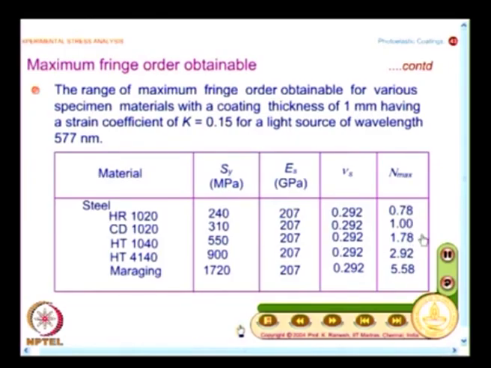So, the message here is, when you go for photoelastic coating analysis, the specimen material indirectly influences the maximum fringe order that I can anticipate to observe in a test. And this also gives a knowledge that usually the fringe orders you can perceive are smaller, and that is the reason why you want to go for white light for illumination.